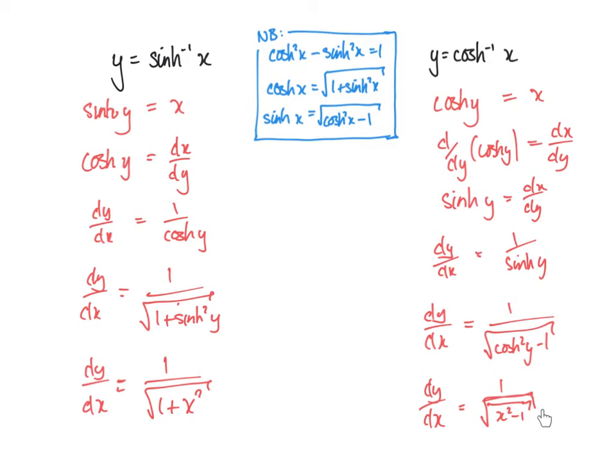When we integrate something in the format 1 over root x squared minus 1, we will get an inverse cosh term. Likewise, when we differentiate sinh to the minus 1 of x, we get 1 over root 1 plus x squared. And so the reverse of that is true. When we integrate something in this format, we're going to get an inverse sinh function. Okay. So that's just a sort of background from where that's coming.